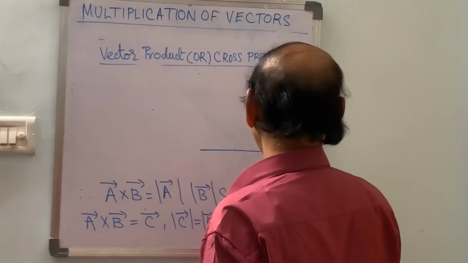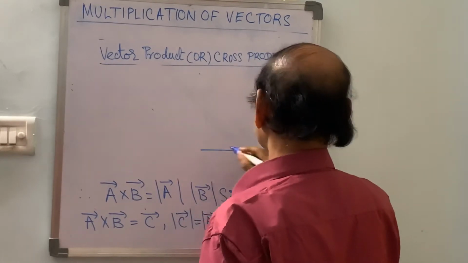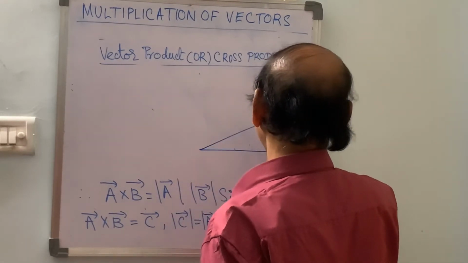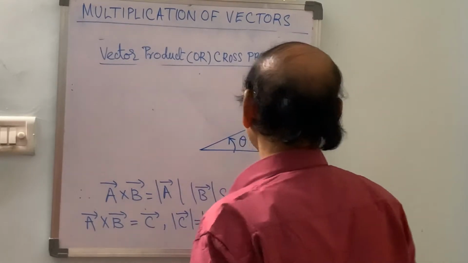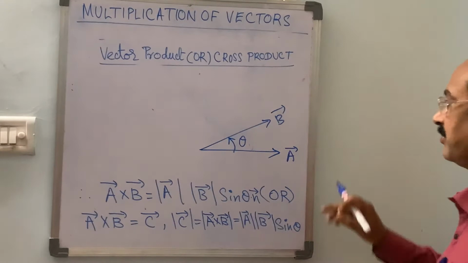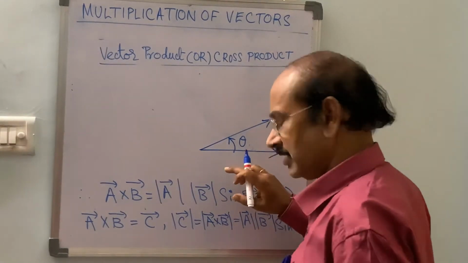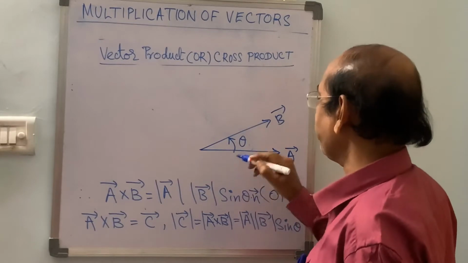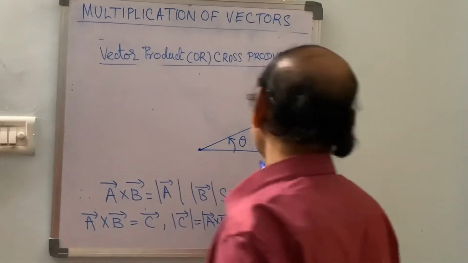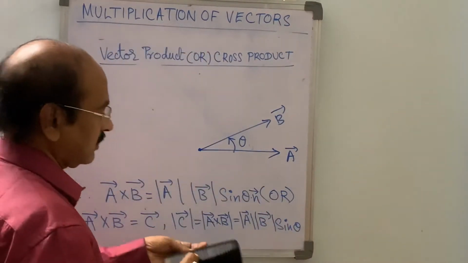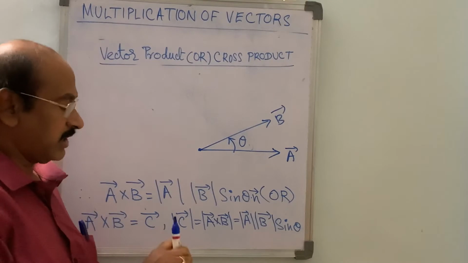Let this be a bar and let this be b bar. Let there be two vectors a bar and b bar whose angle between them is theta, and the resulting vector is perpendicular to this plane, vertically up.